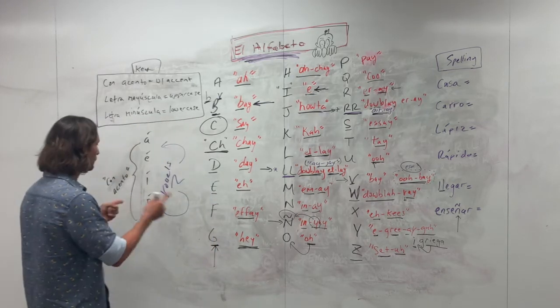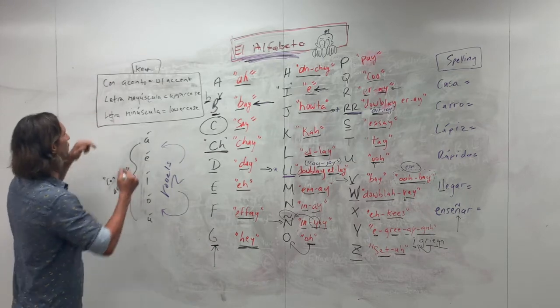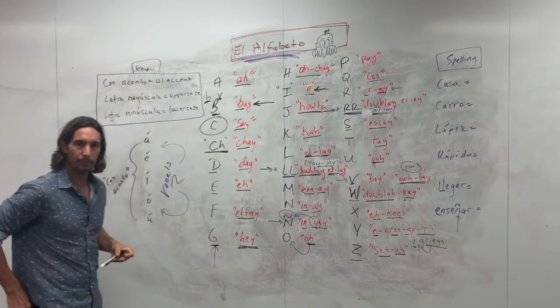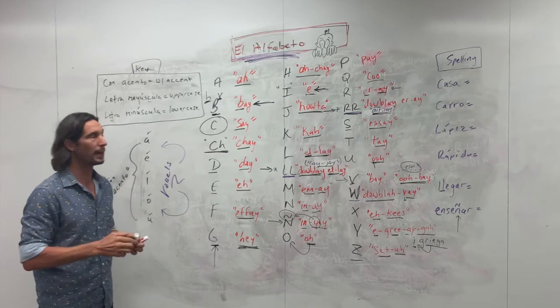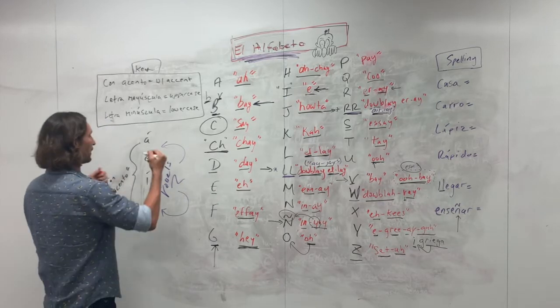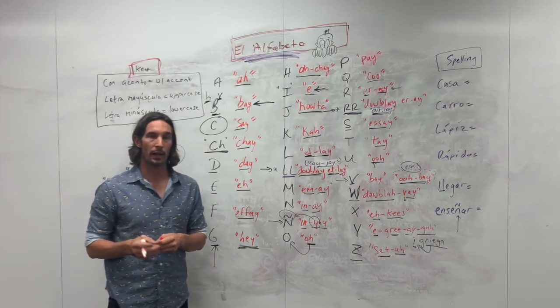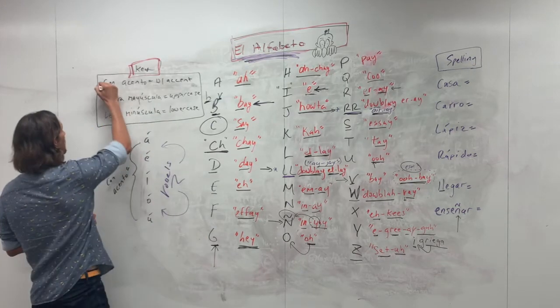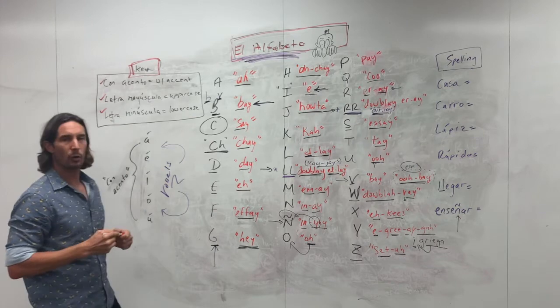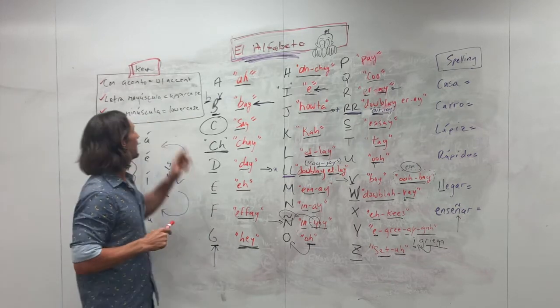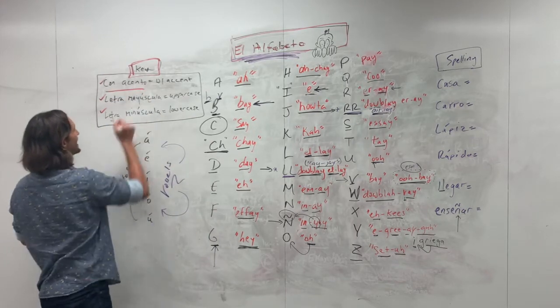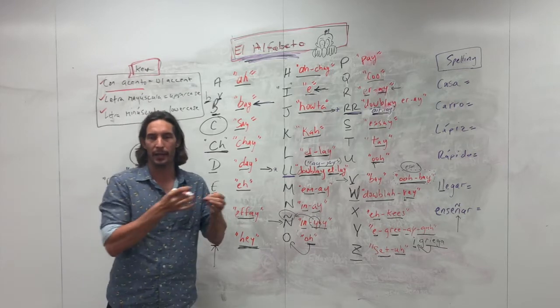And let me move on over here. And I'm going to start over here with the key. You know what? Let's use a different marker. Let's use red. And so we have the key here, right? There's a couple things, well, technically there's 3. So we've got 1, 2, 3 quick things I want to go over. At the top, we have con acento. And so that just means with accent.